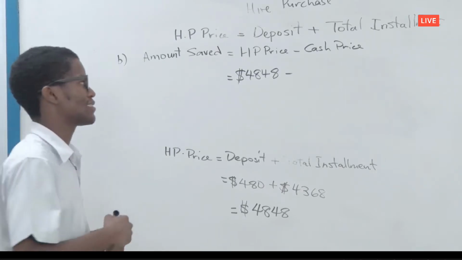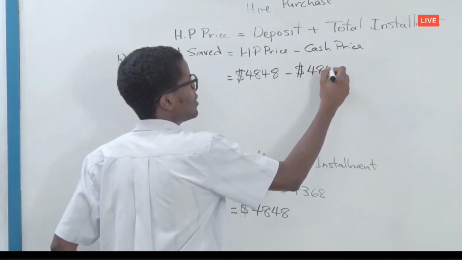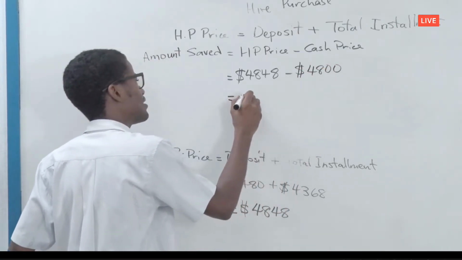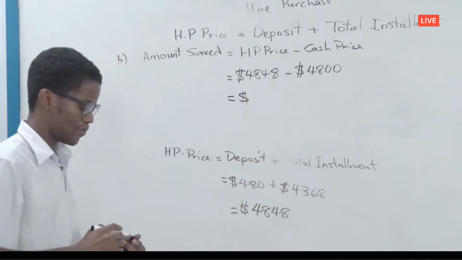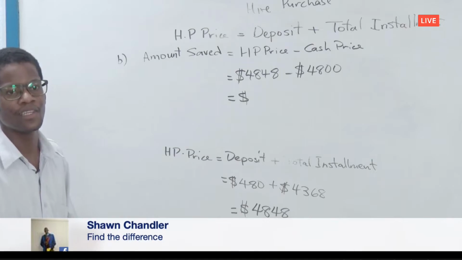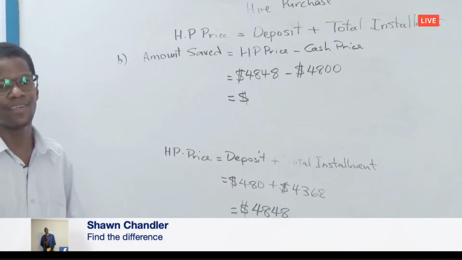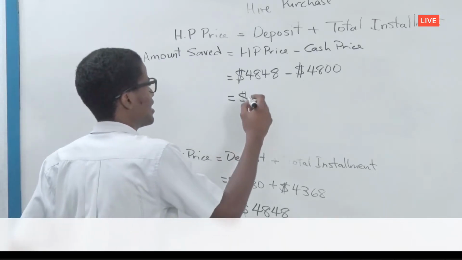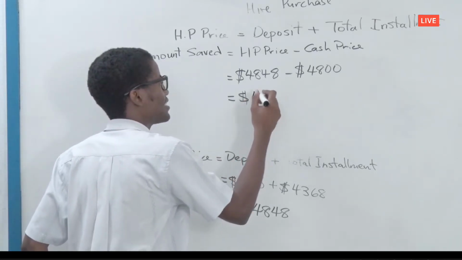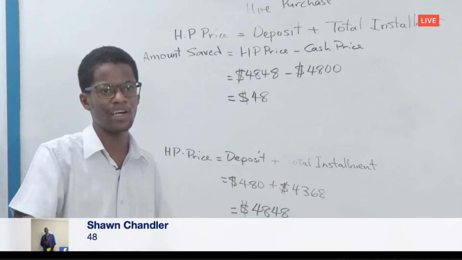What was our cash price? Good. $4,800. So simple subtraction. What do we have as our answer? Good. So Mr. Chandler, yes, we have to find the difference. And we're dealing with money, so it is just $48. And right there we get our answer. Well done to you.